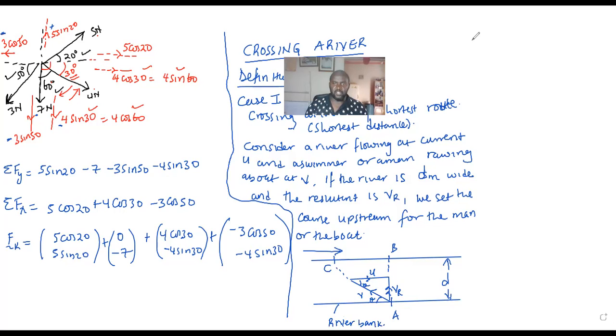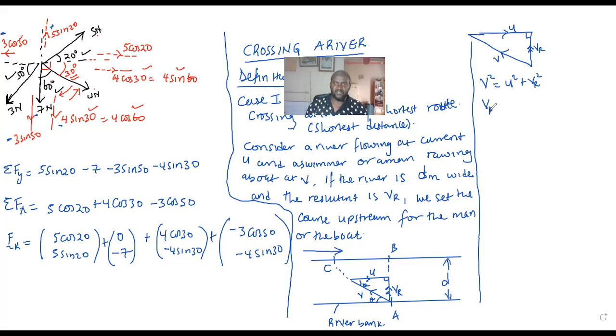Therefore, with this definition, if we extract out that right angle triangle, it looks like this, with this as V, this as U, and this as VR. Therefore, V squared is equal to U squared plus VR squared.